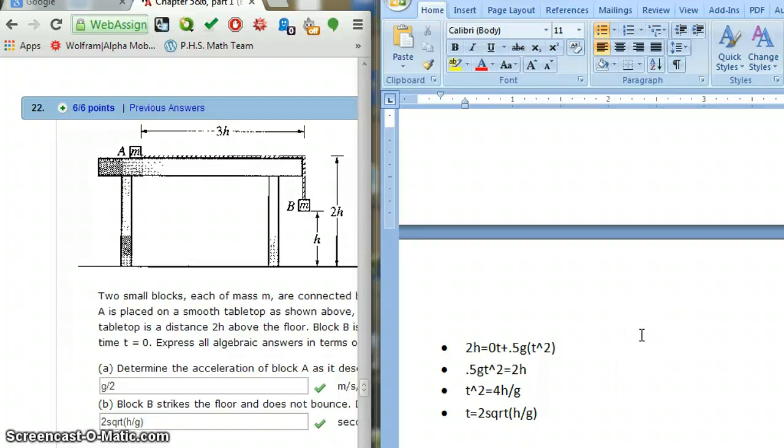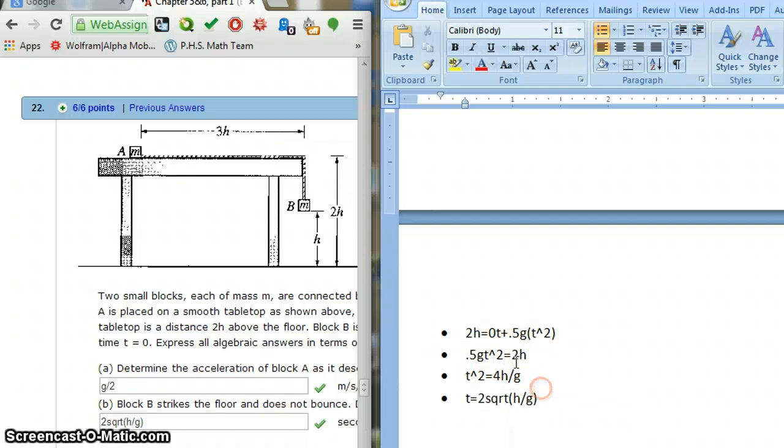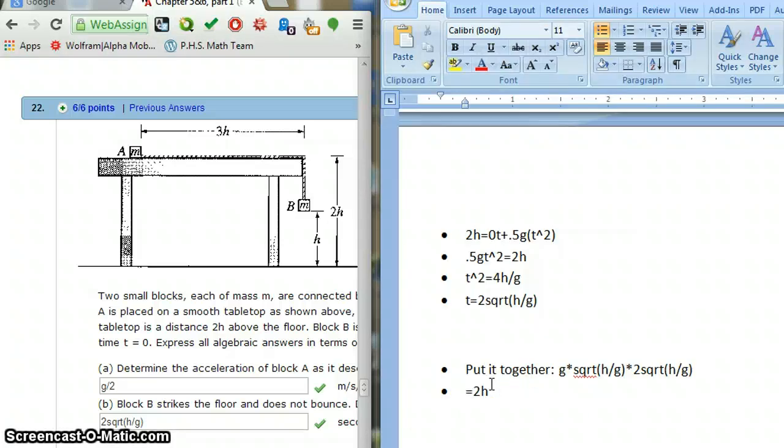This is kind of going back to the previous chapter. By moving things around and dividing both sides by 0.5, you get that t squared equals 4h over g. Then take the square root, and like the previous question, you'll get t equals 2 square root of h over g for the time.